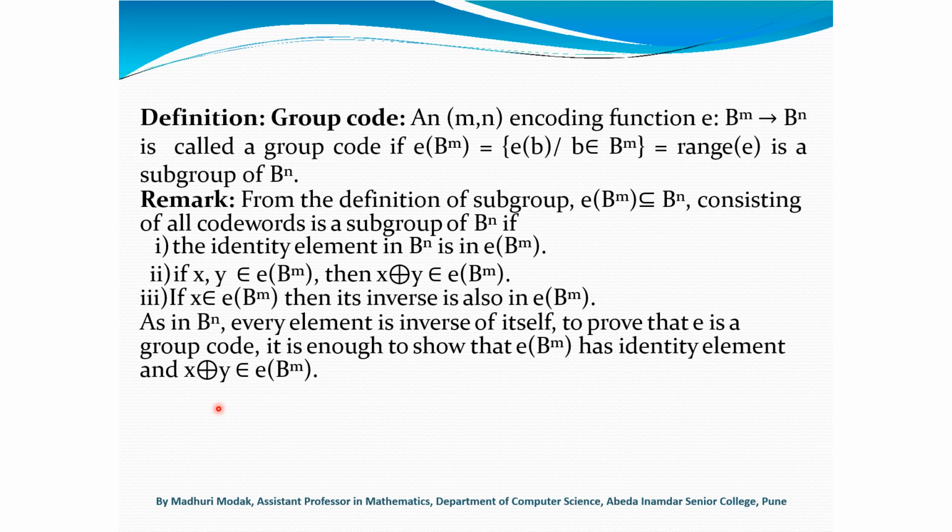At the same time, for every element in B^n, its inverse is the element itself, so it is not necessary to check the inverse property. So whenever we have to show that some set E of B^m is a subgroup of B^n, we check only the binary operation, that is the closure property, and the existence of the identity element. Whatever is the identity element of B^n, it must be present in E of B^m.